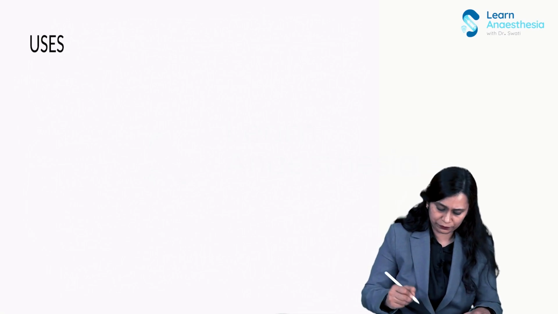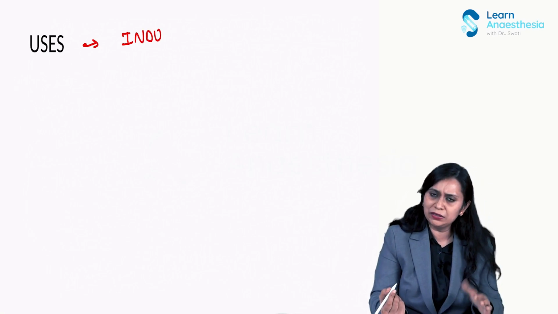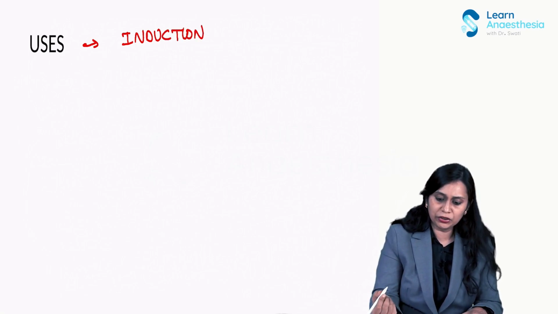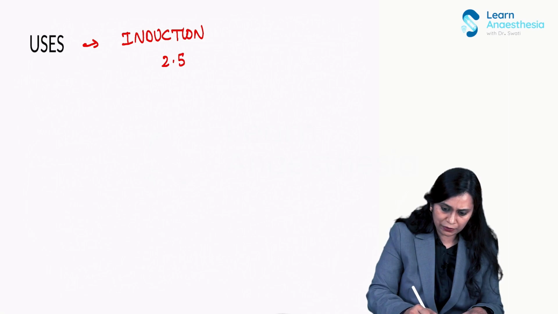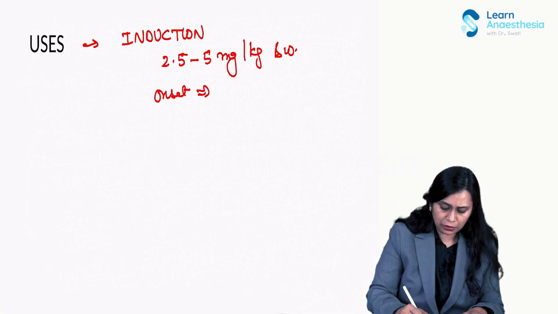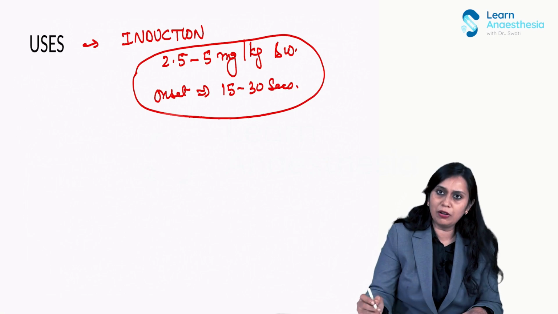Coming to uses. For anesthesia, it has become obsolete. If at all it is used, it is only used for induction. In the United States, the production has been stopped. In India also, slowly it is going away. The induction dose of thiopentone is 2.5 to 5 milligram per kg body weight, and onset is 15 to 30 seconds, very fast onset.